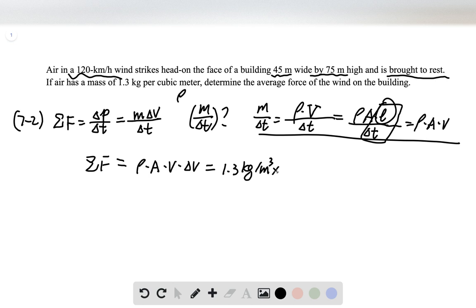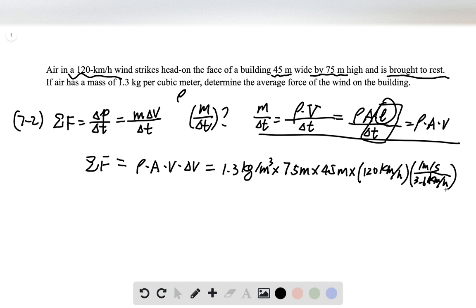Surface area is width times height, 45 meters. Velocity is 120 kilometers per hour, and we can convert it by 120 kilometers per hour times 1 meter per second over 3.6 kilometers per hour. That's just a conversion factor.